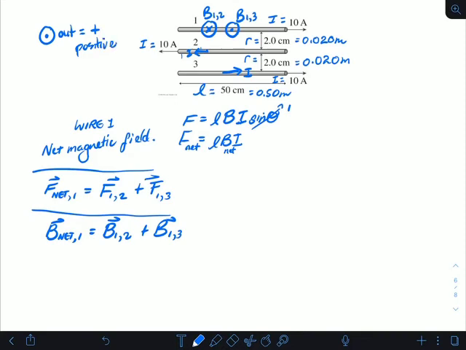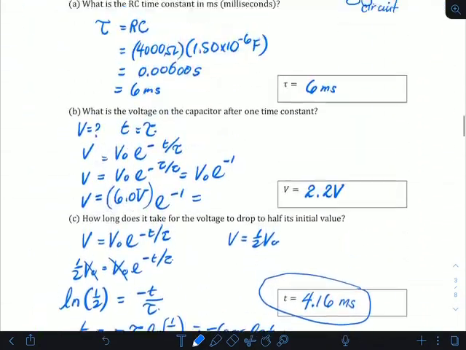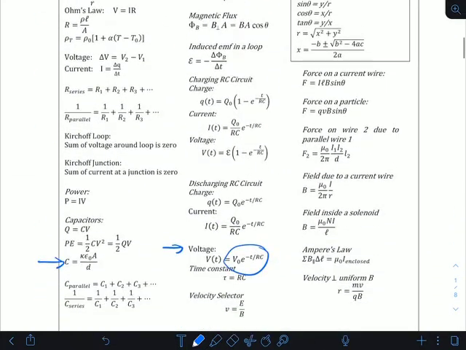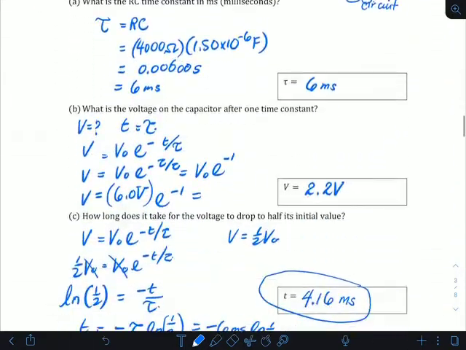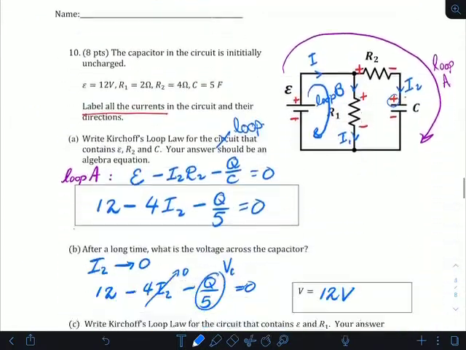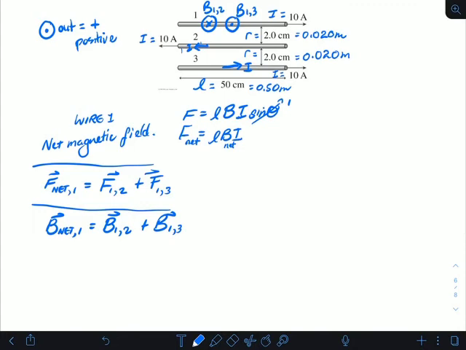If I look at these net magnetic fields, I look up my equation for a wire in my equation bank, and due to a current wire, I see from Ampere's law that B is equal to mu naught I over 2 pi r. So I write that for each magnetic field.